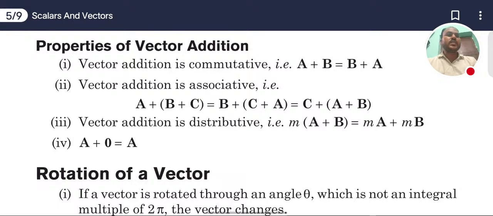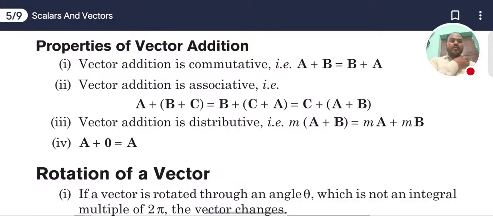Vector addition is associative, that is a plus (b plus c) equal to b plus (c plus a) equal to c plus (a plus b). So this is the associative property of vector addition.